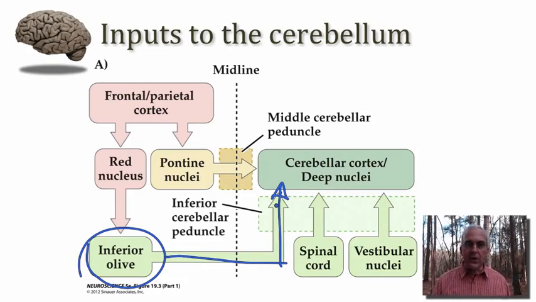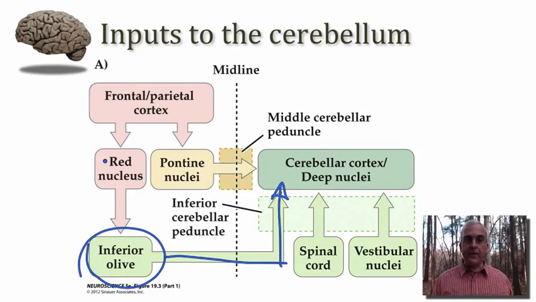And the inferior olive is providing a learning signal for the cerebellum. And we will talk about this in some detail, but essentially what this signal is doing is it's conveying to the cerebellar cortex a time for synaptic change. And this synaptic plasticity appears to be the cellular and synaptic basis for motor learning in the cerebellum.